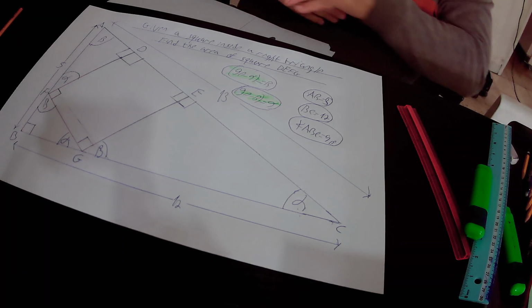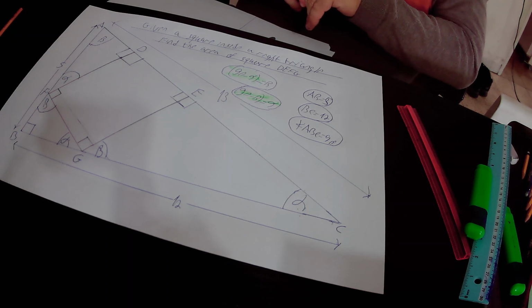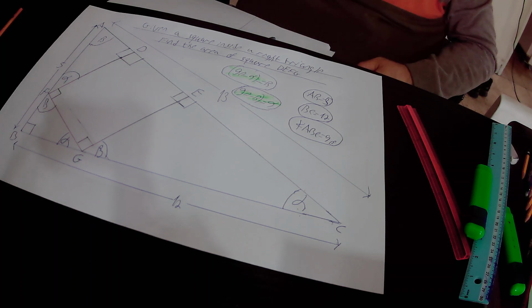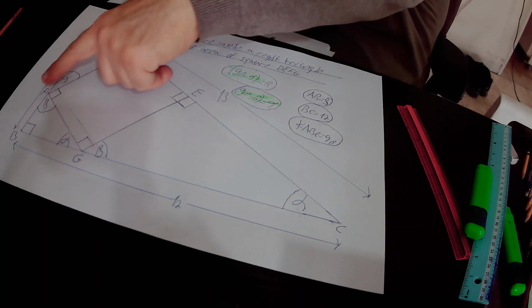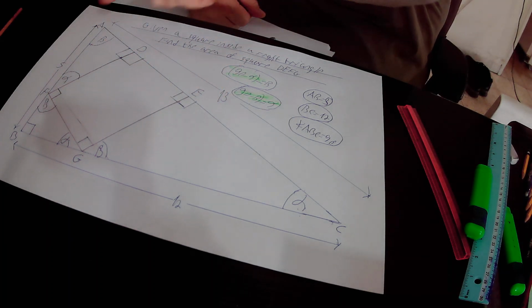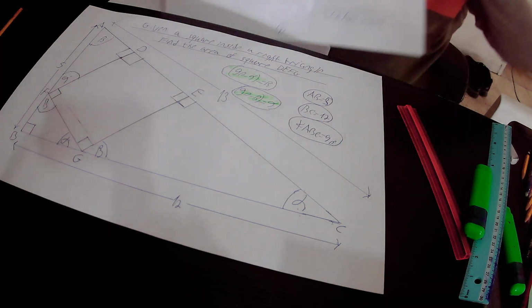And from the fact that the right triangles are similar to each other, we can derive a special relationship between their sides. For example, we know that the small right triangle FBG is similar to the big right triangle, triangle ABC. So I'll write it down.